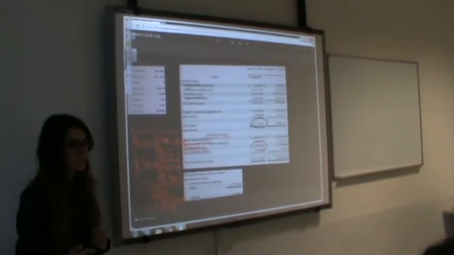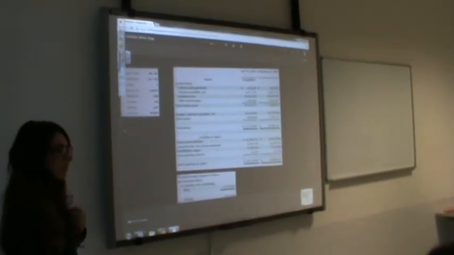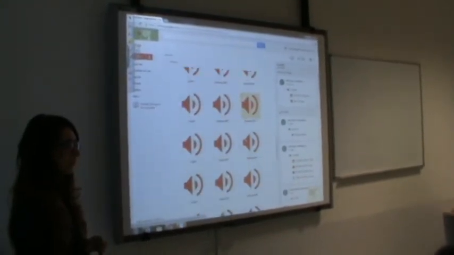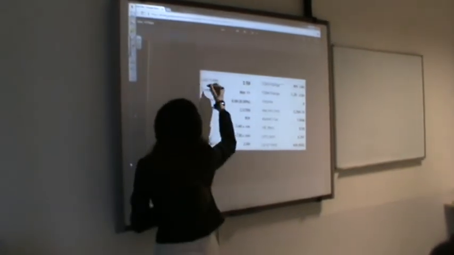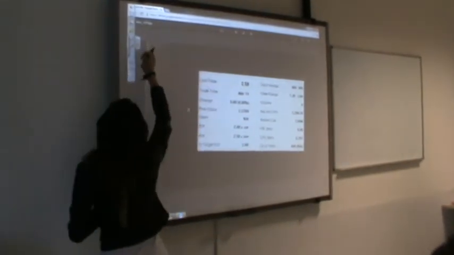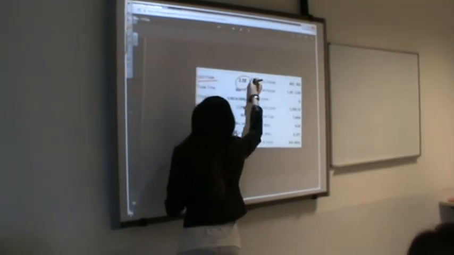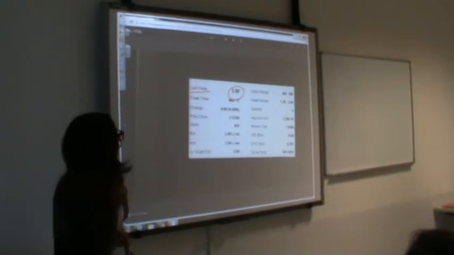Let's get the second handout. Everybody got the second handout? We see that the last trade is about $2.58.